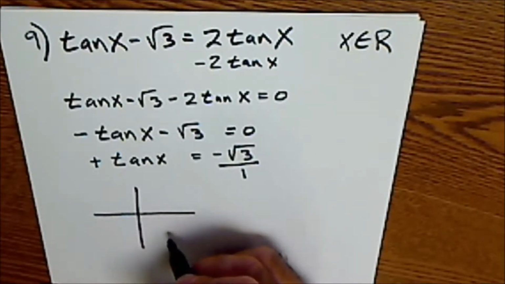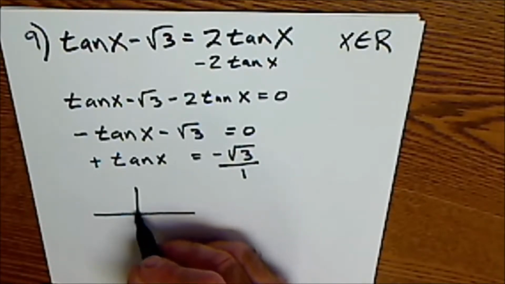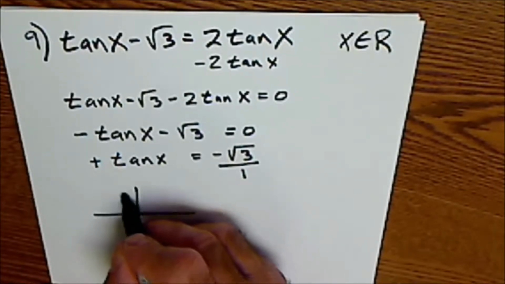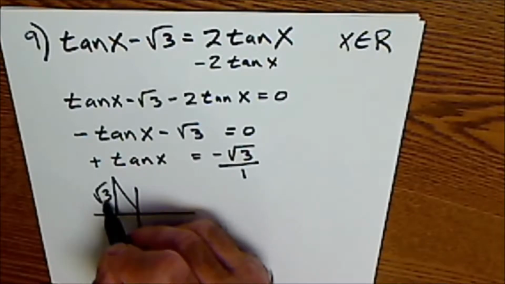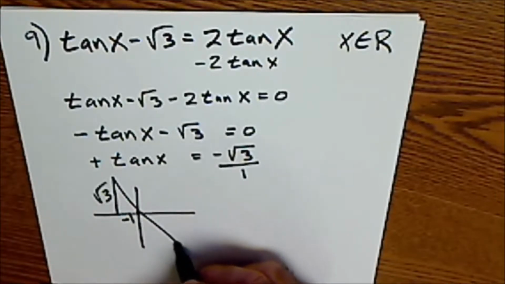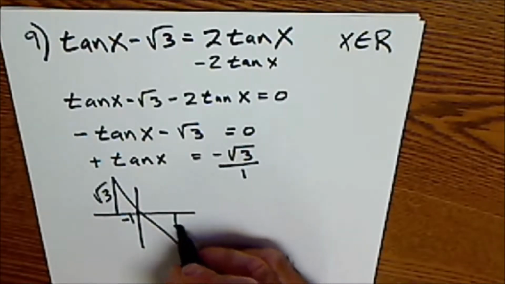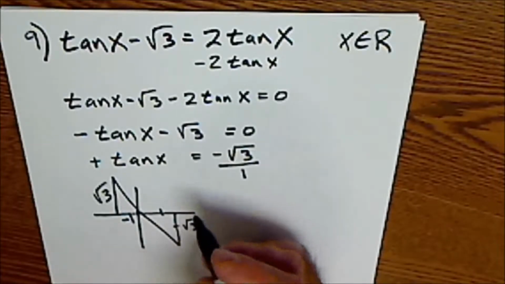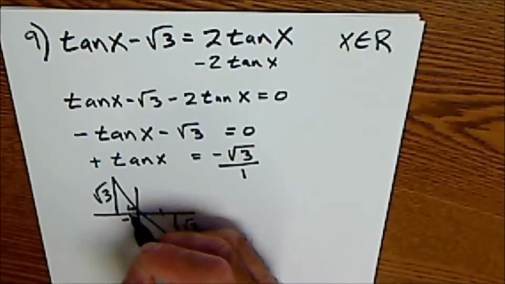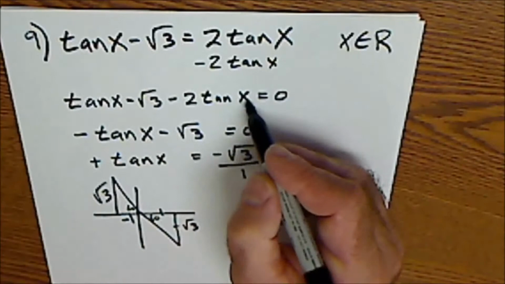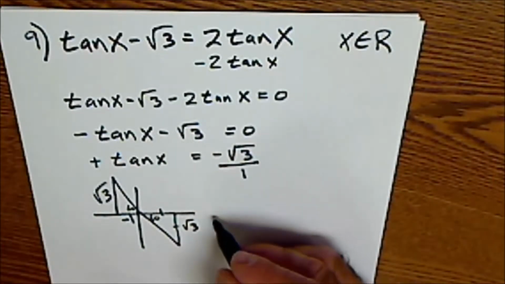All students take calculus. It's here where my opposite is actually root 3 and my adjacent's negative 1. We're down here where my opposite's negative root 3 and my adjacent's 1. Again, 60 references, but I'm in x, so it's radian.